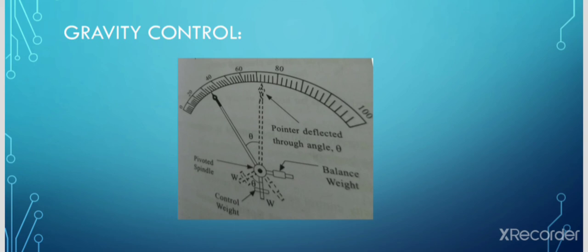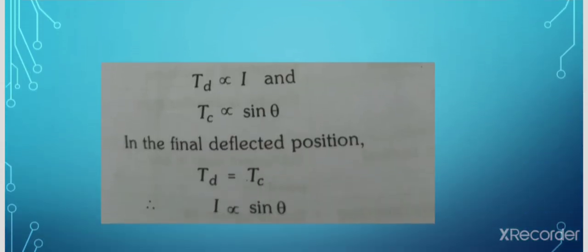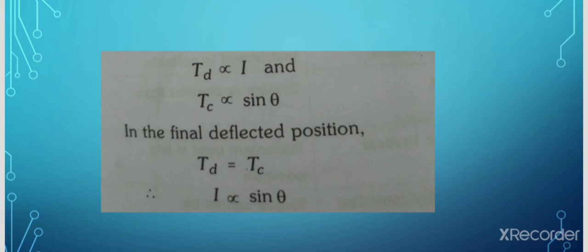This controlling torque is proportional to the sine of the angle, and can be given as tau c is proportional to sine theta, and deflecting torque tau d is proportional to current I. At the equilibrium position, tau d equals tau c, and by substituting the values we can write it as I is proportional to sine theta. This is about the gravity control system.